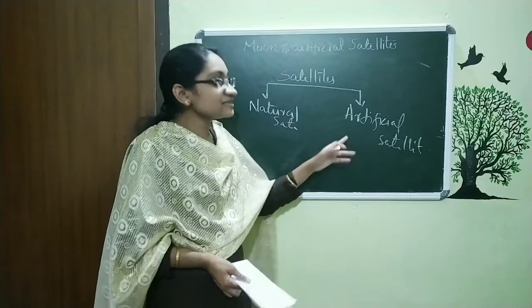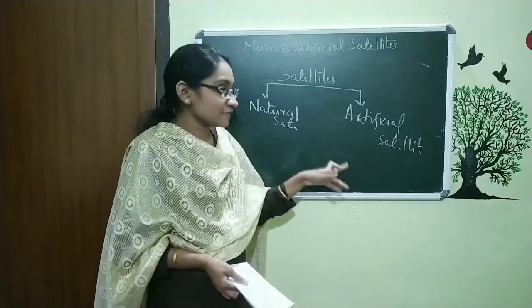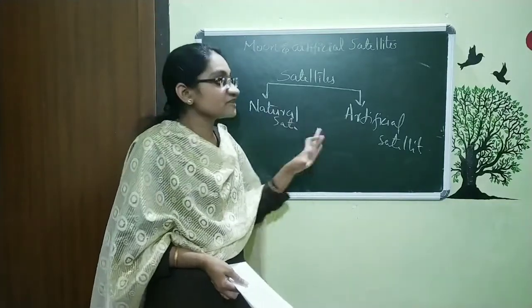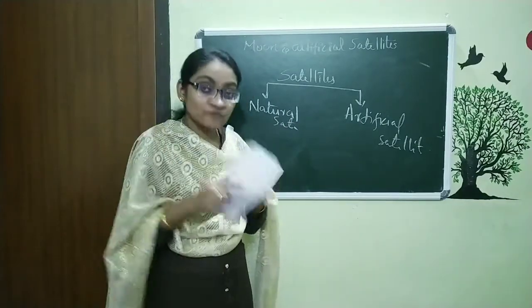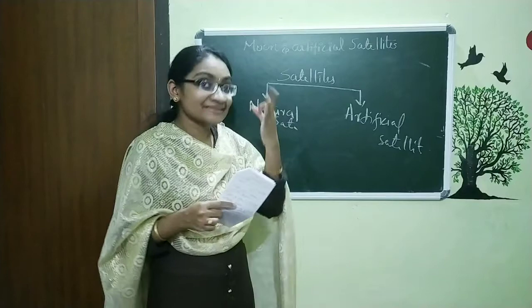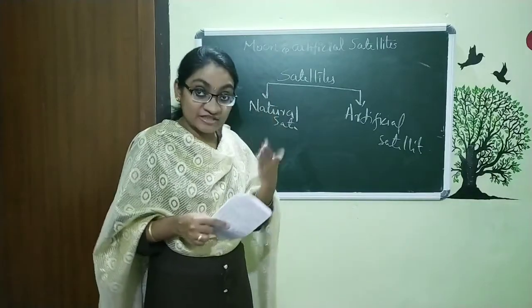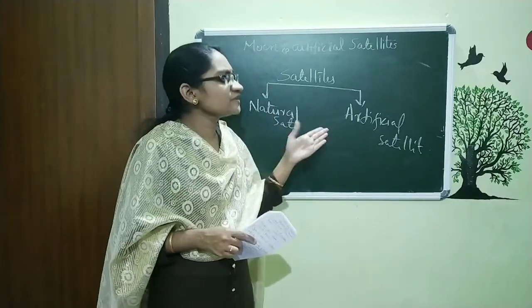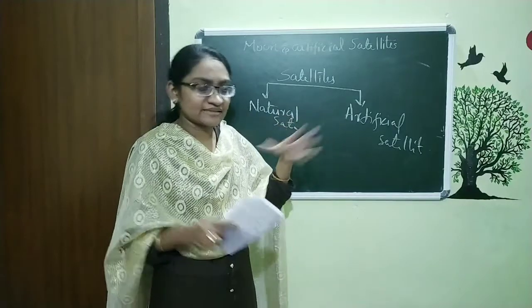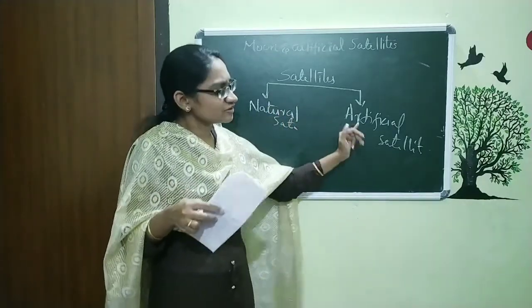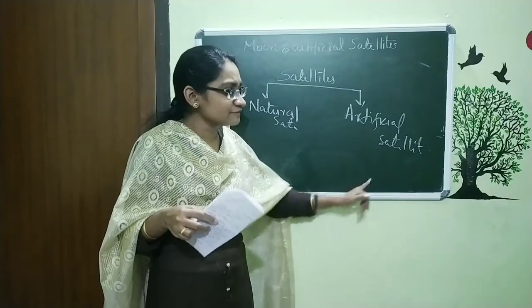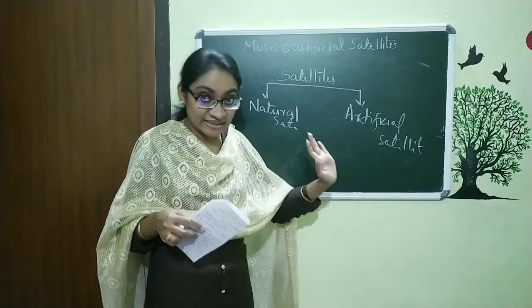There are different types of artificial satellites: for communication, for weather forecast, for military services, for navigation. For all these purposes we send different types of satellites. Each is different and there are not too many details; you only need to study the different types of artificial satellites, only their names.